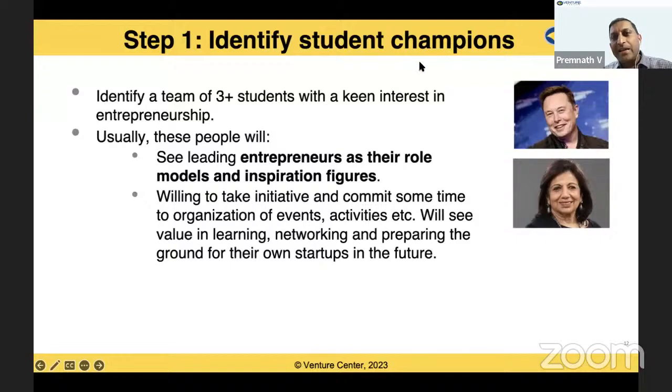On the other hand, in most academic environments, you might find a lot of people whose role models are from science or academia and so on and so forth. They may or may not value entrepreneurs as much, so they may not necessarily be the right people to drive this activity.